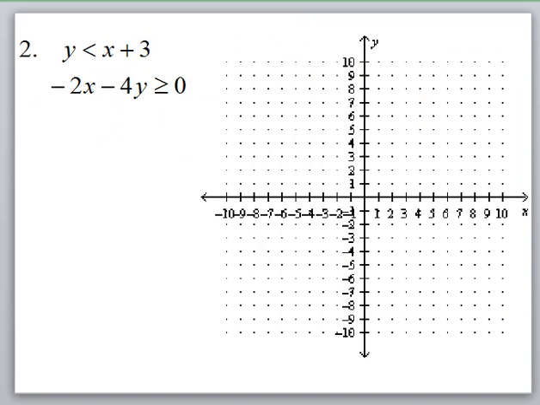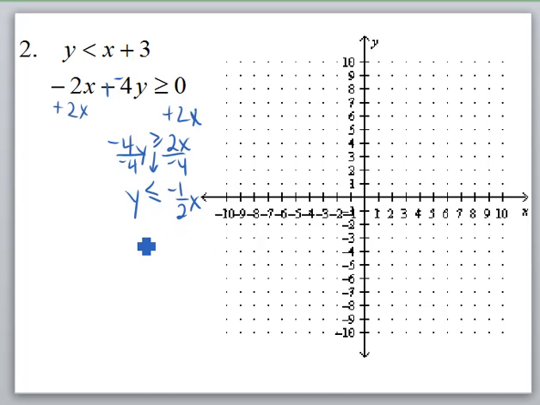On the next problem here, I would need to solve for y on the second problem, so I'll go ahead and do that because I like to have it in y equals mx plus b form. So I'll add 2x to both sides, and so I get 2x plus 0, which I don't have to write, divide by -4, so I get y is less than or equal to, I remembered to flip the sign this time, -1/2 x. You can put plus 0, but not necessary.